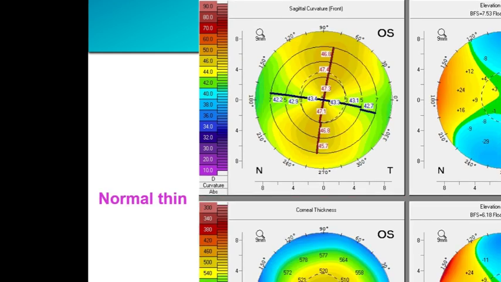So we can differentiate this from a normal thin cornea. As you see, this is a thin cornea, 475 in the center, but we have normal anterior curvature map and normal posterior elevation map. So thickness map is not an indicator for keratoconus.